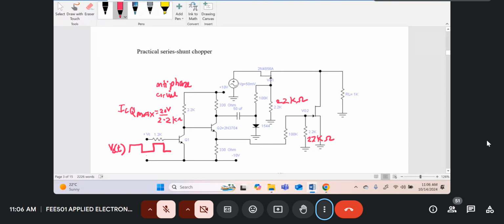And the base current of Q1 times the HFE of Q1 should be equal to or greater than IC max. So if you're to design this in the lab, let's call this one IB.